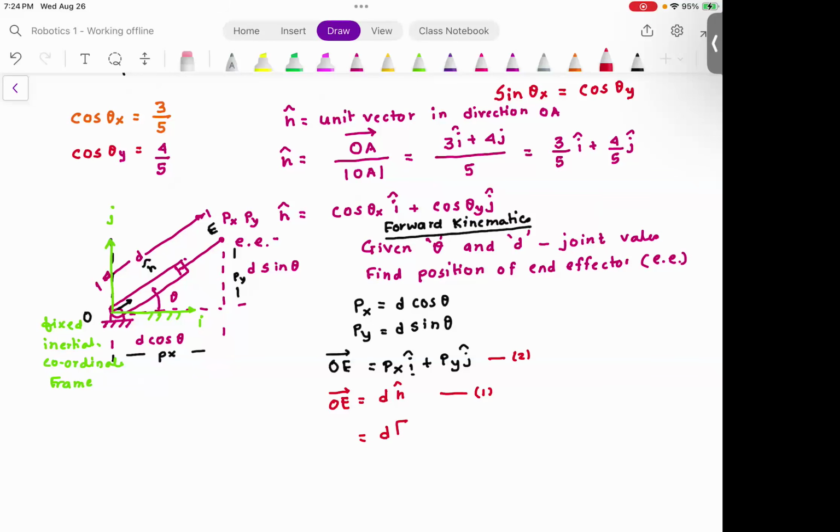d, what is n hat? n hat is nothing but cosine theta x i plus cosine theta y j.